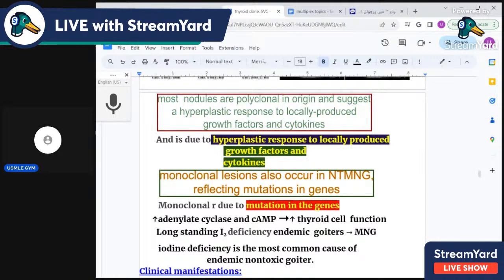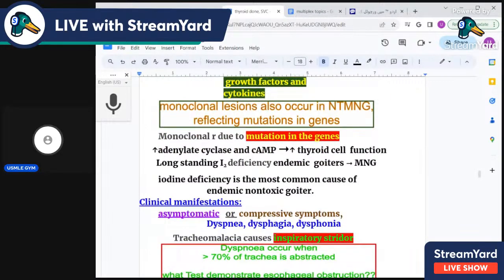Polyclonal lesions are due to growth factors and cytokines produced that cause hyperplasia. And in monoclonal mutation, there is an increase in adenylyl cyclase and cyclic AMP that leads to increased thyroid cell activity and function.